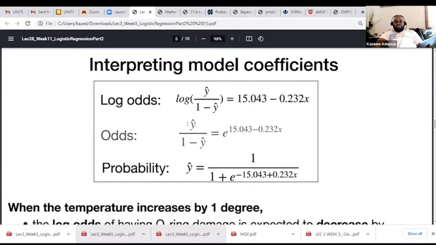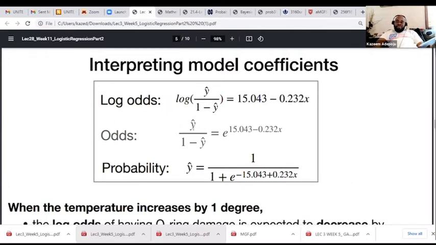And I actually gave you the range of each one. The range of probability is from 0 to 1. I gave you the range of odds from 0 to infinity, and the range of log odds from negative infinity to positive infinity. Take note of the three. An examiner can ask you to give a fitted logistic regression model in logit form, in odds form, or in probability form.